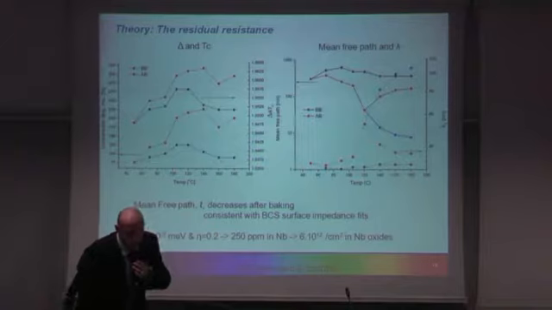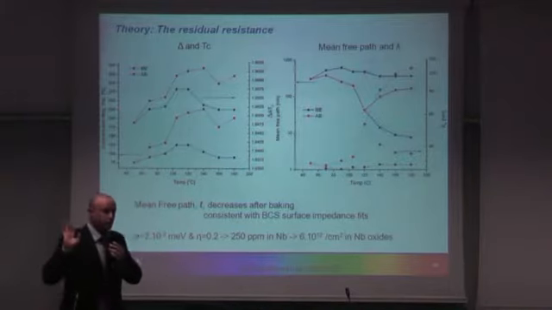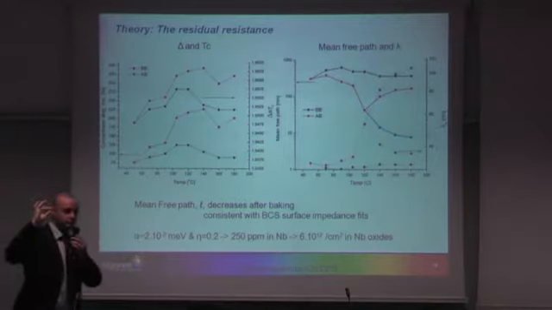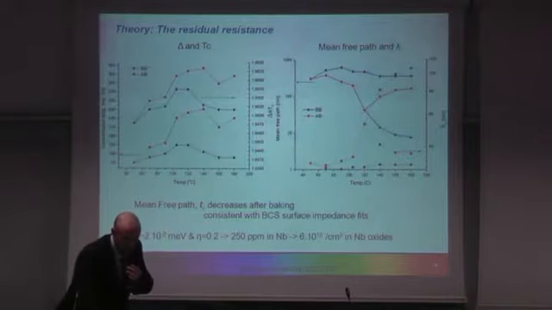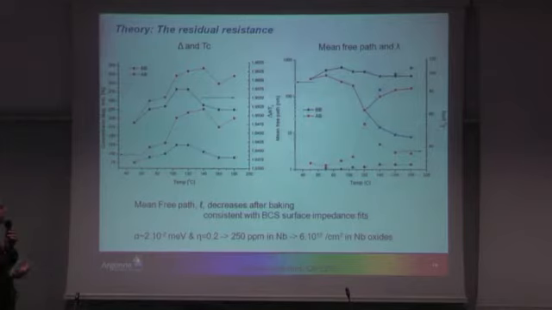We find also that after baking, the mean free path is always reduced, and lambda is always increased. We can estimate a value of the concentration, which is 250 ppm. So this is much less than what I thought before, but this is because it's diluted onto lambda and not just onto a few nanometers at the surface.